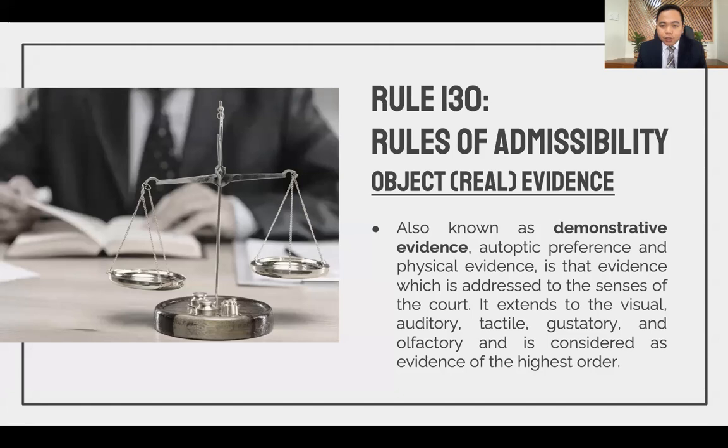So first, let us go to the different classifications of evidence. First, you have object or real evidence. This is also known as demonstrative evidence. Autoptic preference and physical evidence is the evidence which is addressed to the senses of the court.